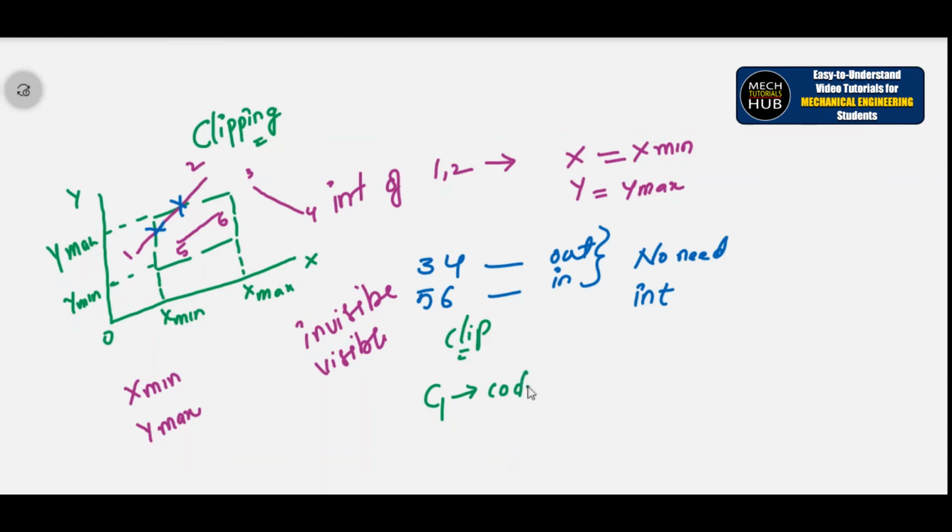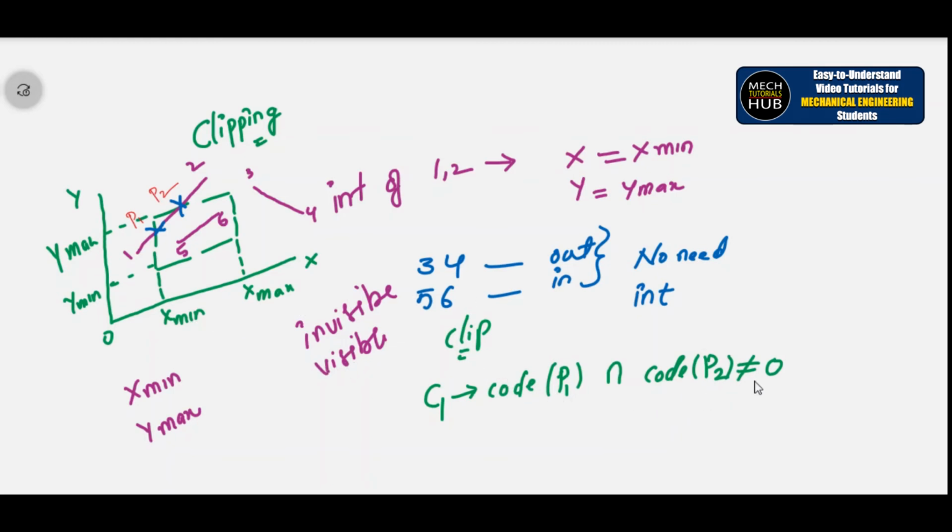Let us imagine the first intersection as P1 and the second intersection as P2.